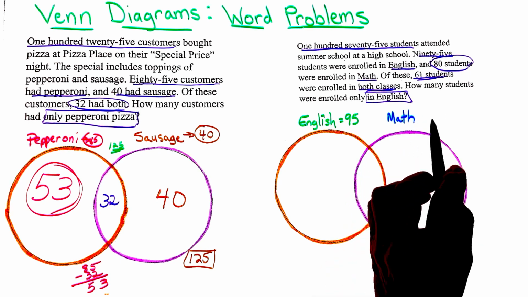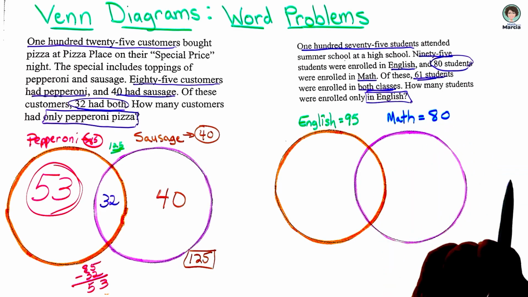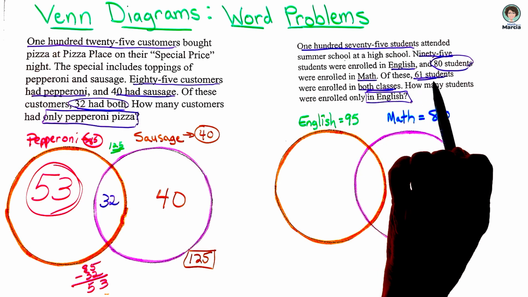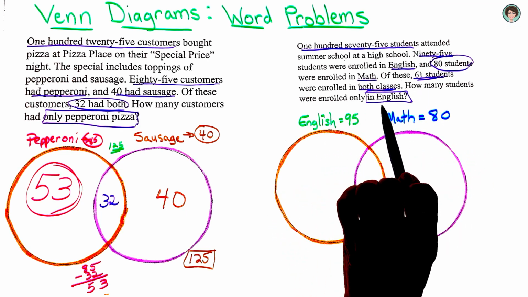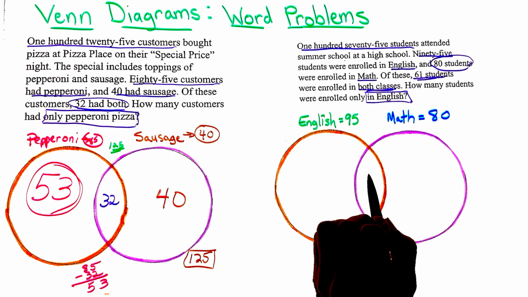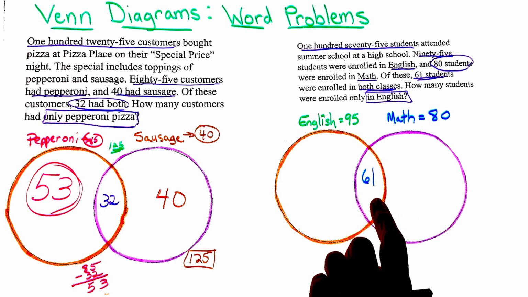And for math, it says there were 80 students. So I'm putting my 80. So now it's important to know that of these, 61 students were enrolled in both. So that's where I'm going to start out. Here is my 61. Okay, there's my overlapping for my both.